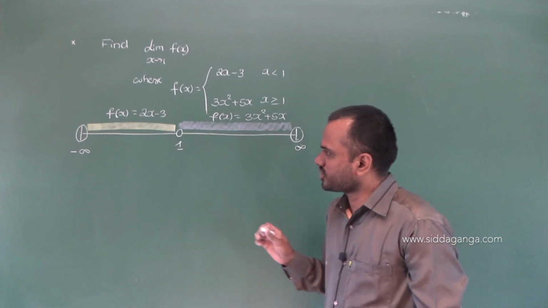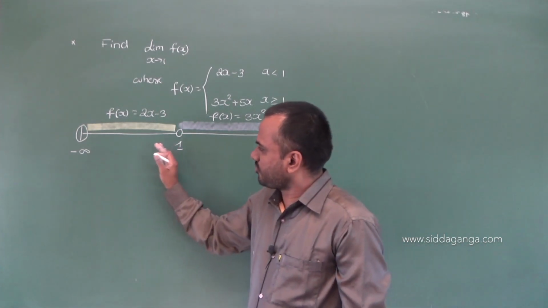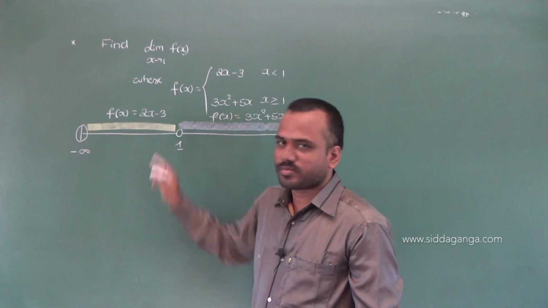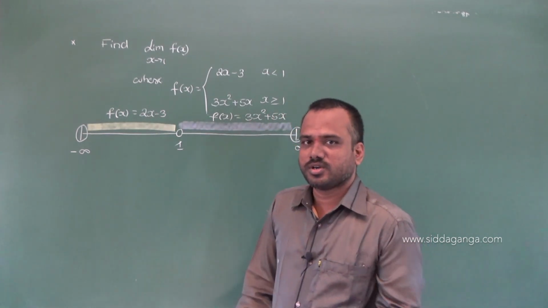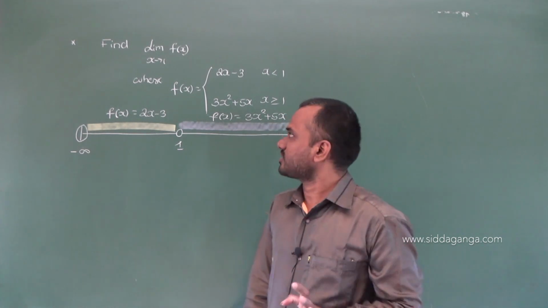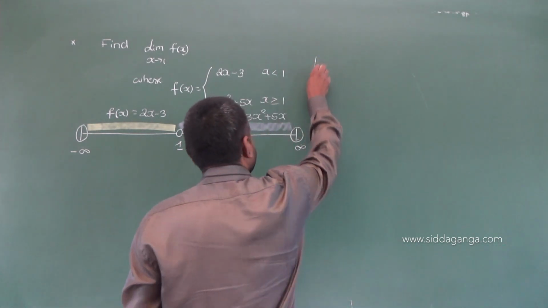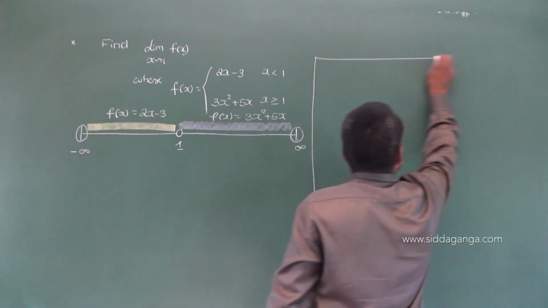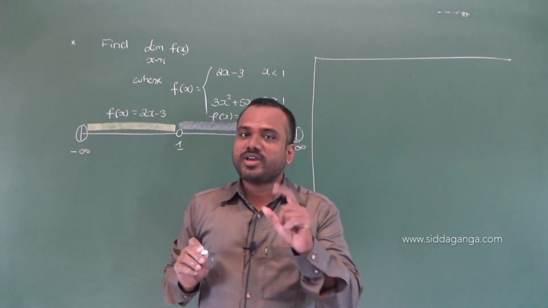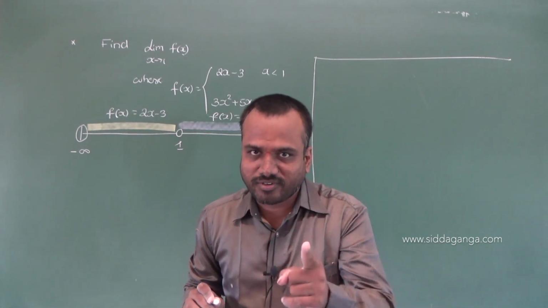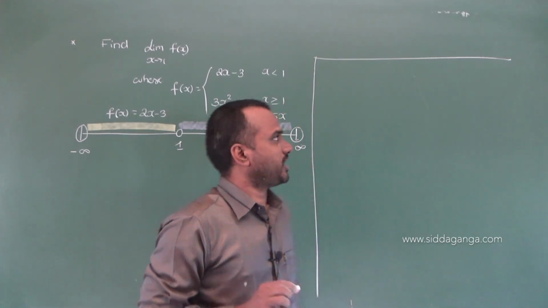Then what is the conclusion? If you approach from the left side, 2x minus 3. If you approach from the right side, 3x square plus 5x. Both the functions are different, which means we find the left hand limit as well as the right hand limit. The limit exists if the left hand limit is equal to the right hand limit.